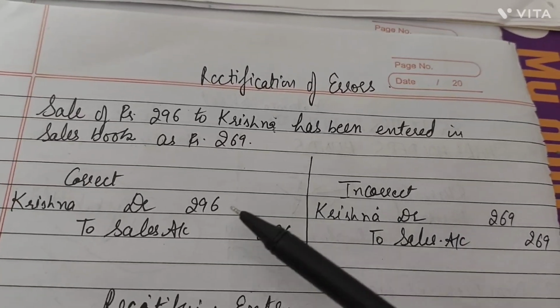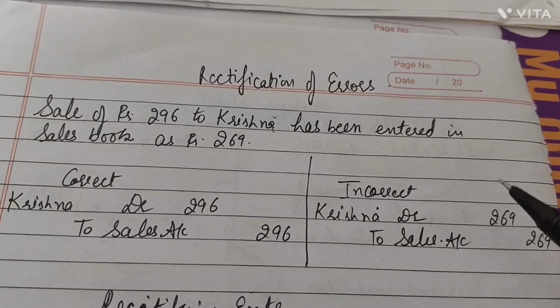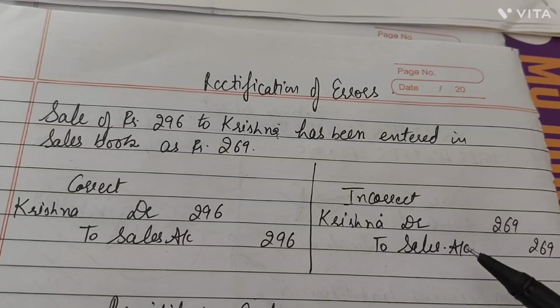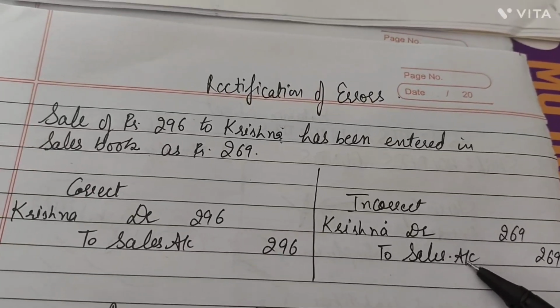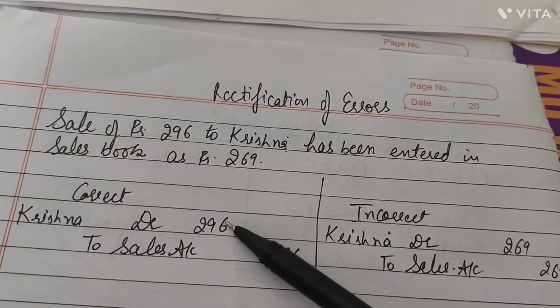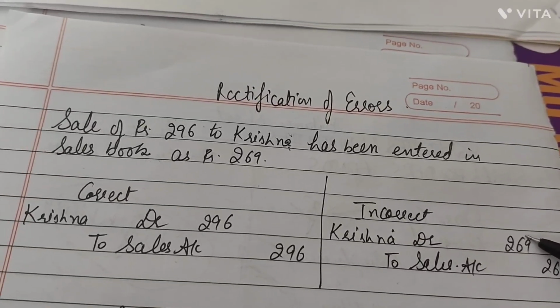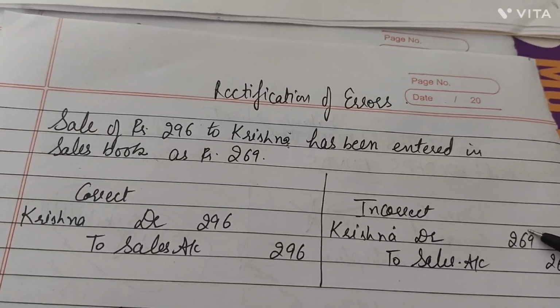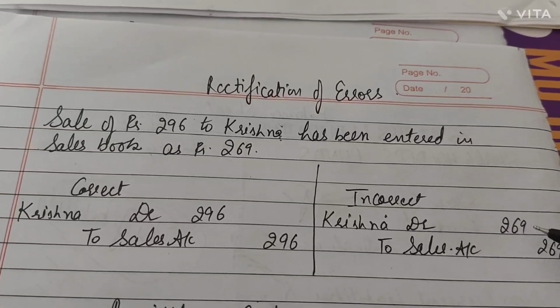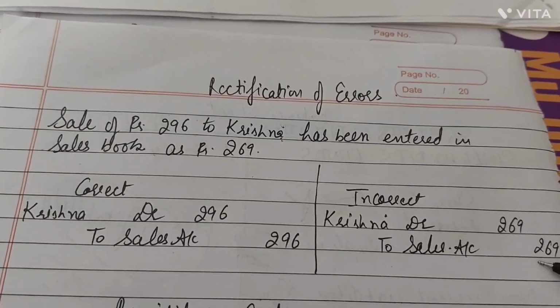So here Krishna has been less debited and sales has been less credited. What was less? It should be 296, rather they took it to be 269. So there is a difference of rupees 27. For that 27 rupees we will pass the journal.